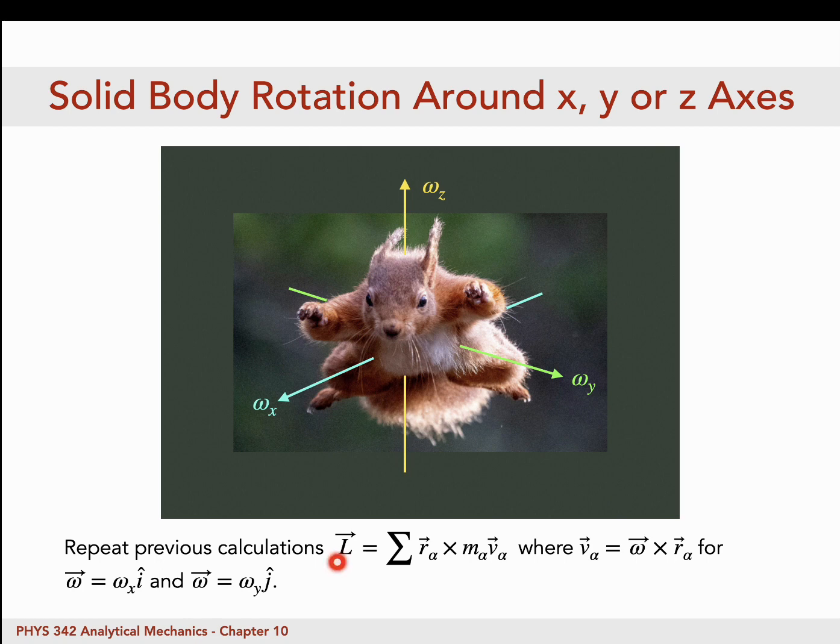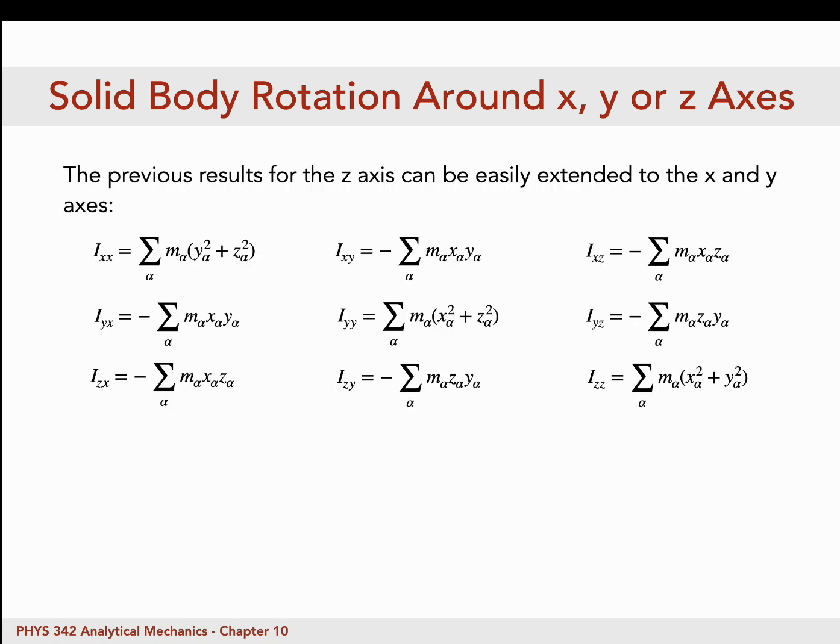So we write the angular momentum like this. We write the velocity vector like that, where now our velocity vector could either point in the x direction or in the y direction. And so when we do the calculation, we get 6 more equations.